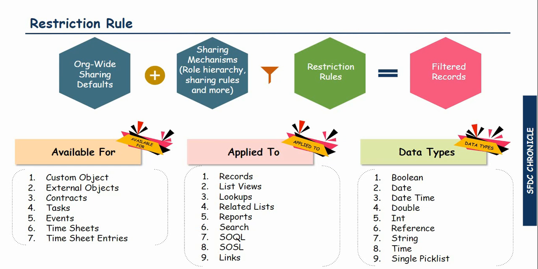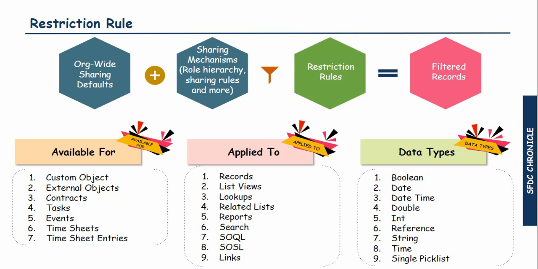Also, if any user has View All or View All Data permission and you created a restriction rule for that user, he or she will be able to view the records regardless of the restriction rule. The restriction rule will not apply.